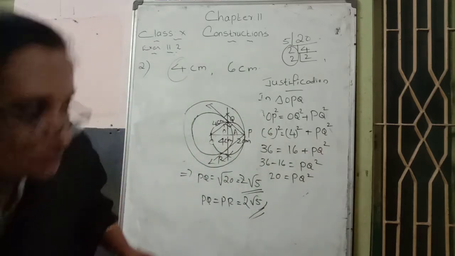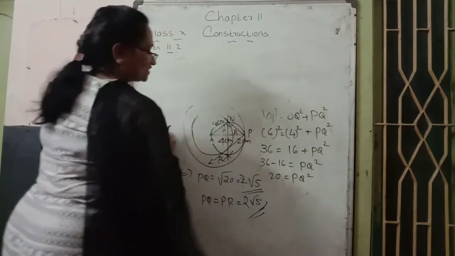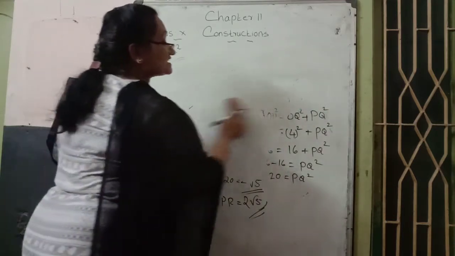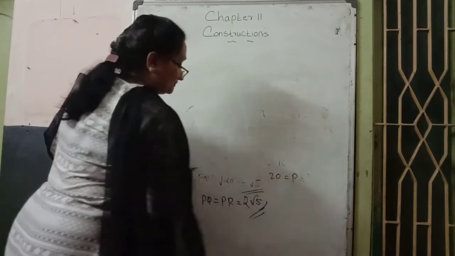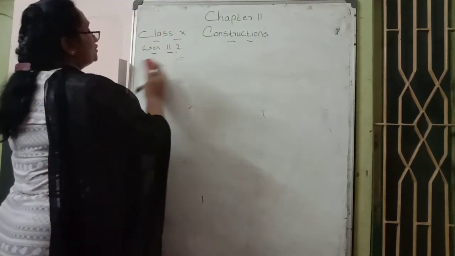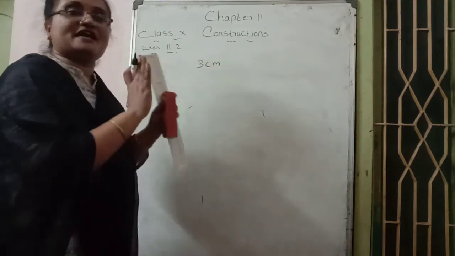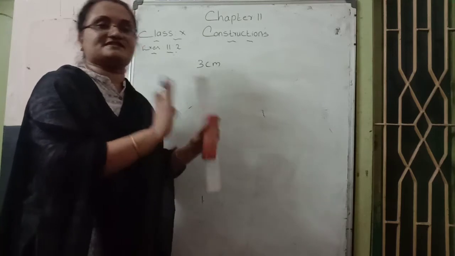Same way, the third question; the third question is also the same process. The third question talks about a 3 centimeter circle. They say to draw a 3 centimeter circle, our main circle.